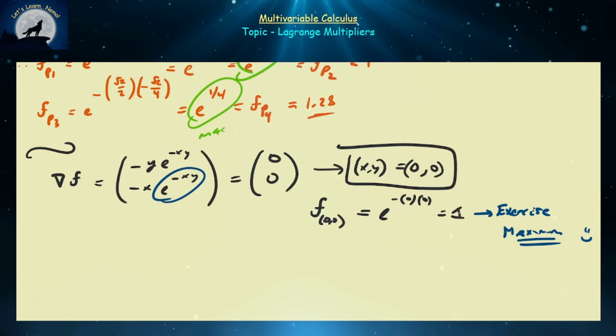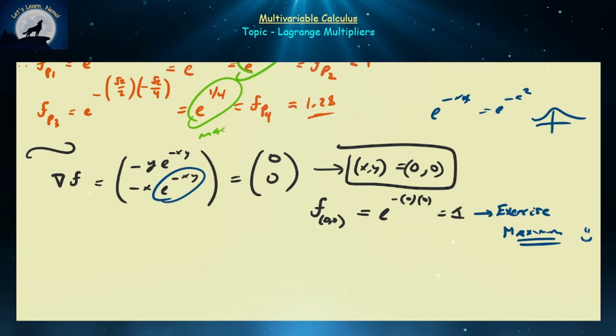Intuitively, you can see that e to the minus xy should go down as x and y go positive. And then you can sort of dance around, because this is sort of like e to the minus x times x, which is e to the minus x squared. And if you don't know what that looks like, it almost looks like a Gaussian, right? But I leave it to you to formally verify that this is indeed a maximum.